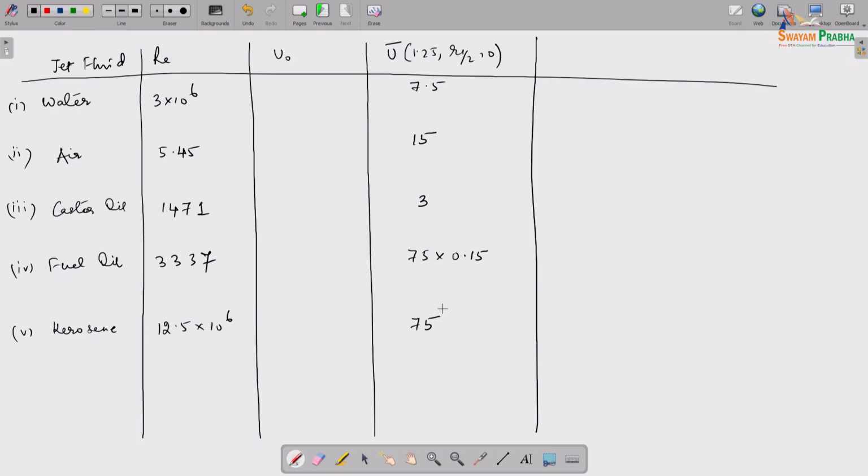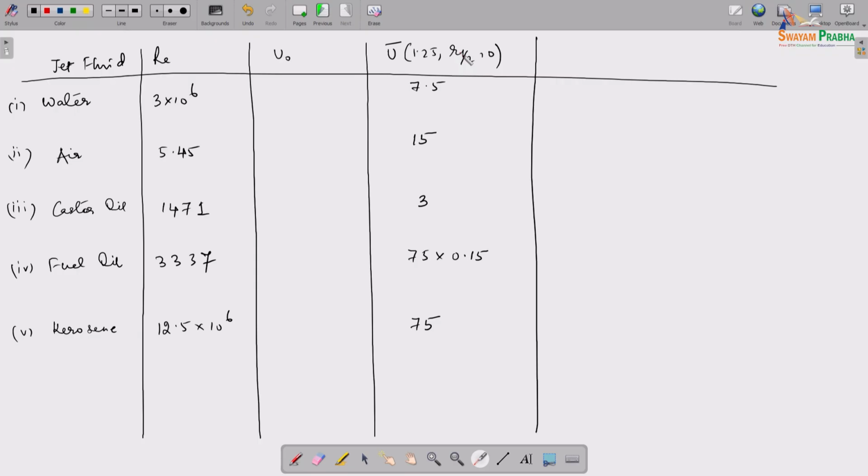Okay, so these are at a specific location, X is equal to 1.25 at the jet half width. This is the mean velocity, and you can see there is really no pattern to this.